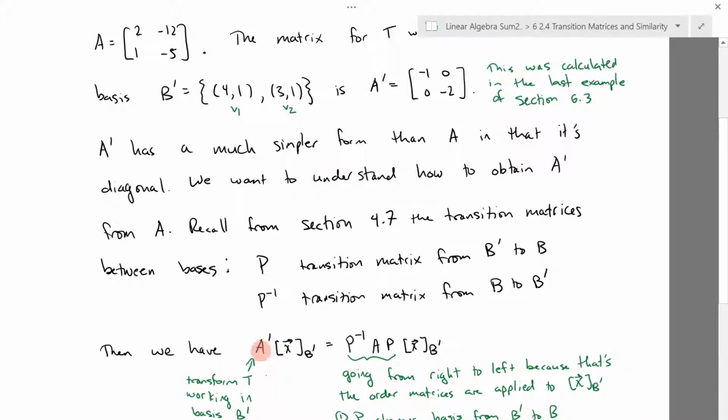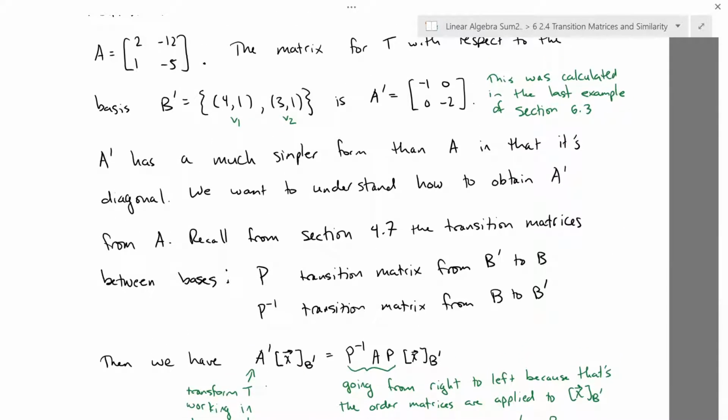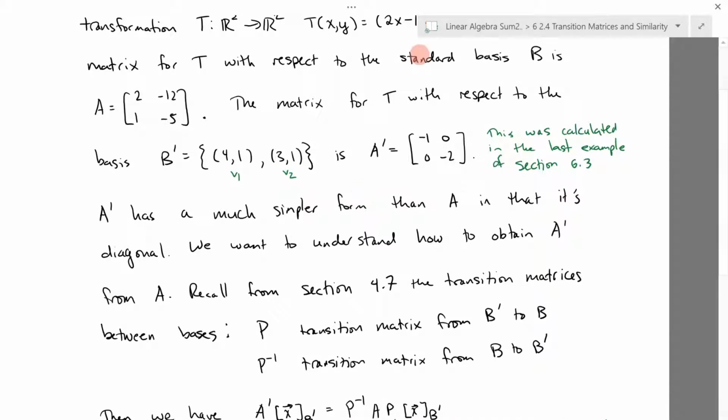So A prime represents the transformation T working in basis B prime. When you think of it as a transformation, you have to apply it to coordinate vectors of this form. If we want to see how it's related to the matrix A, the matrix A works in the standard basis B.